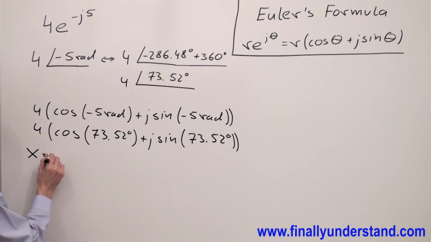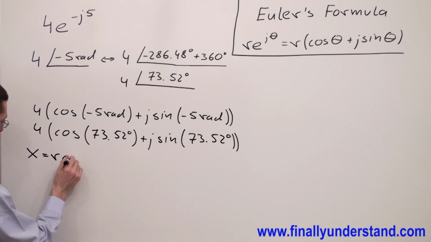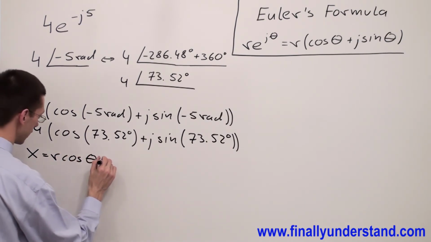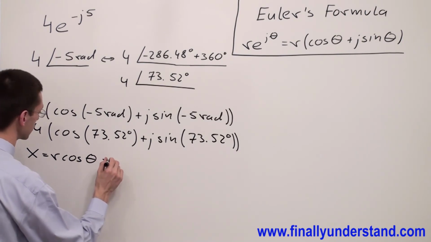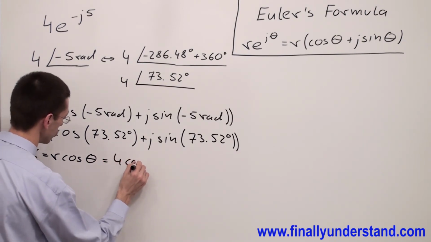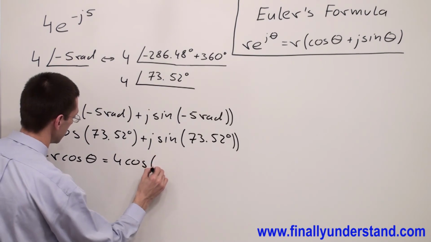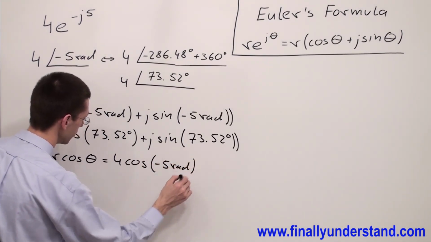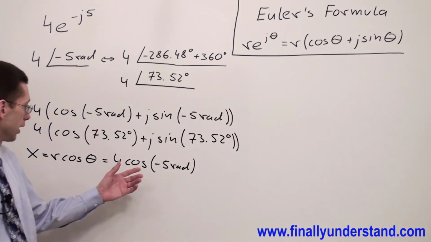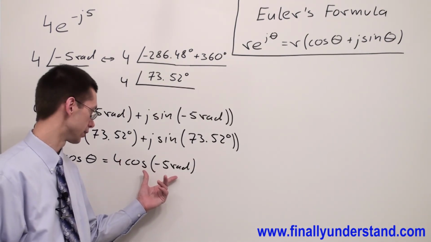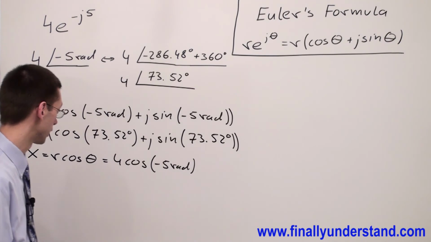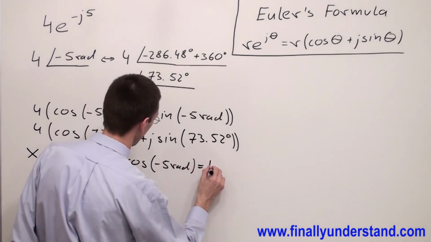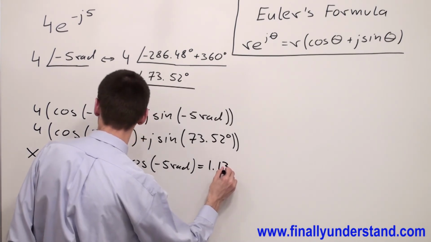If I want to find the rectangular form, I'm supposed to find the real part. X equals magnitude times cosine theta, and I have r equals 4 cosine of angle -5 radians. Keep in mind that you're supposed to have your calculator switched to radians because we are dealing with radians, and this is equal to 1.13.